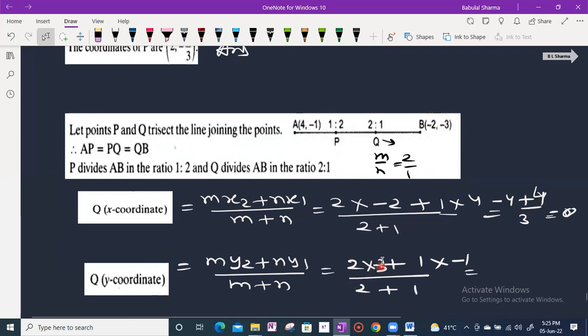So 2 times minus 3 is minus 6, and 1 into 1 gives minus 1. So minus 6 minus 1, that is minus 7 upon 3.